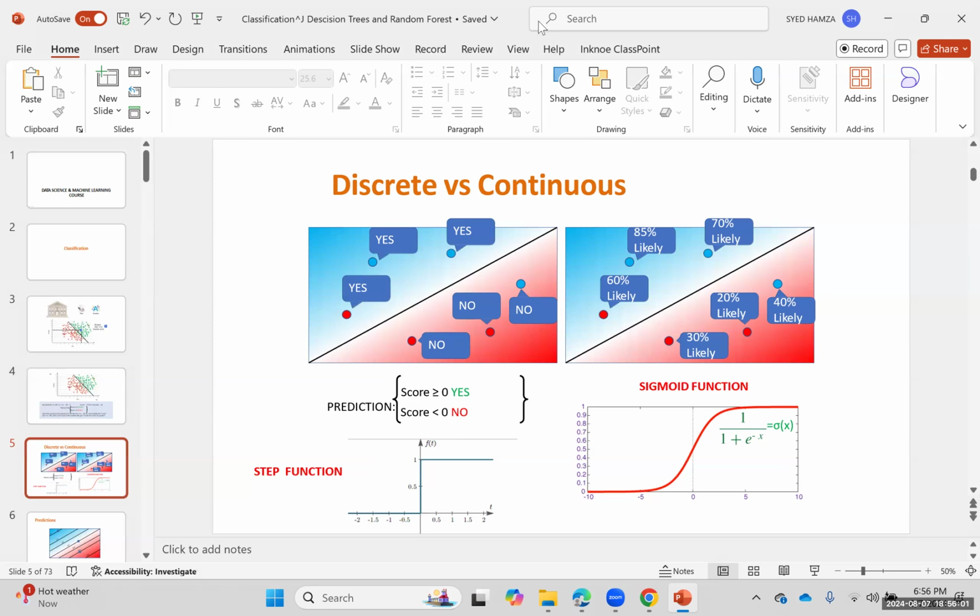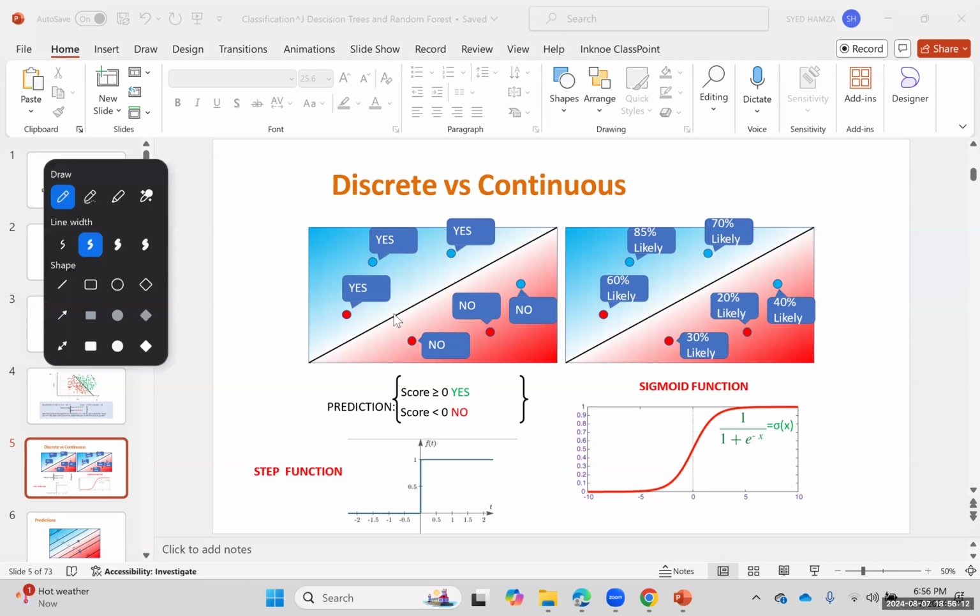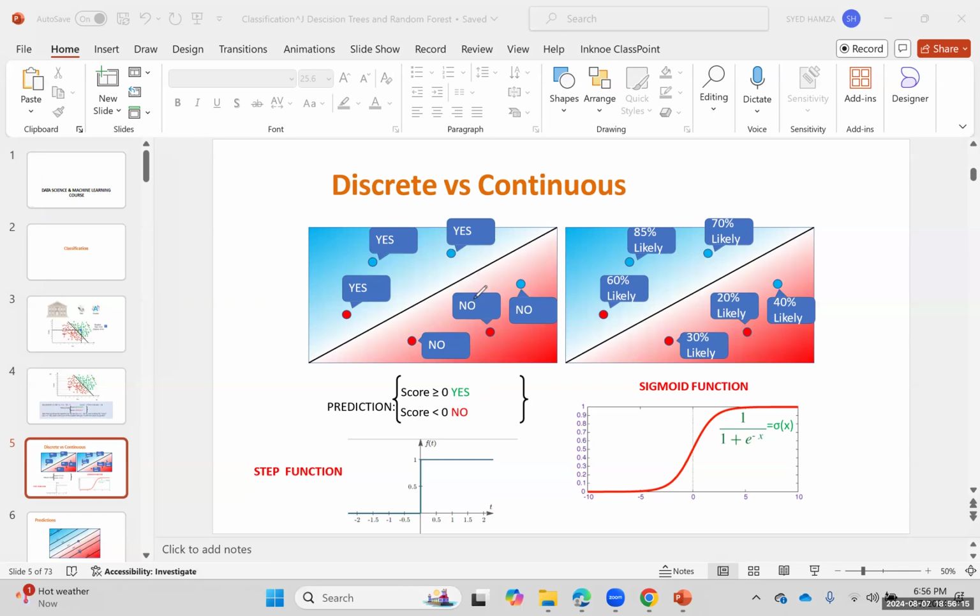So what the model could have done is, if this cut for the boundary had happened something like this, then blue is predicted as blue, blue is predicted as blue, red is predicted as red, and so every model would be 100% accurate. But it's just based on the learning, supervised learning. It will create this cut for you, and then it will predict the values in those regions.